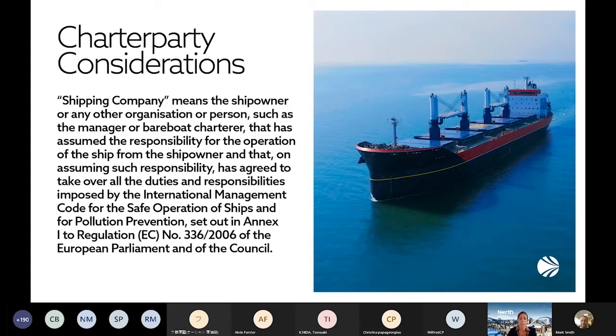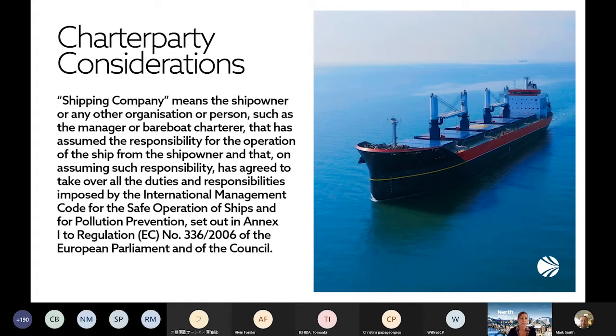So as set out on this slide, the EU ETS proposal describes the shipping company to mean the ship owner or any other organisation or person, such as the manager or bareboat charterer, that has assumed the responsibility for the operation of the ship from the ship owner, and that, on assuming such responsibility, has agreed to take over all the duties and responsibilities imposed by the International Safety Management Code for the safe operation of ships and for pollution prevention.